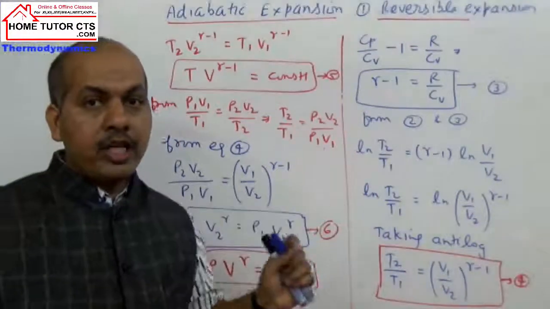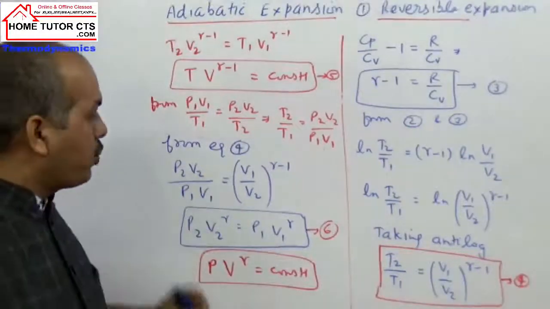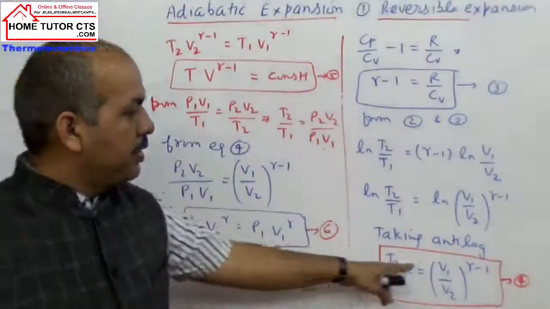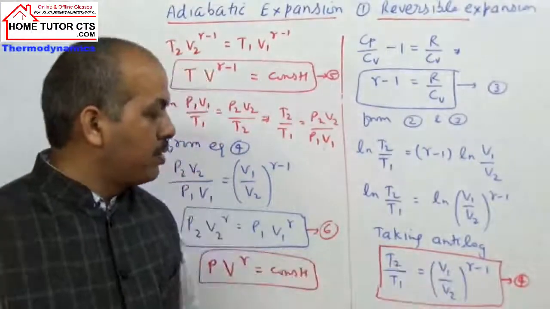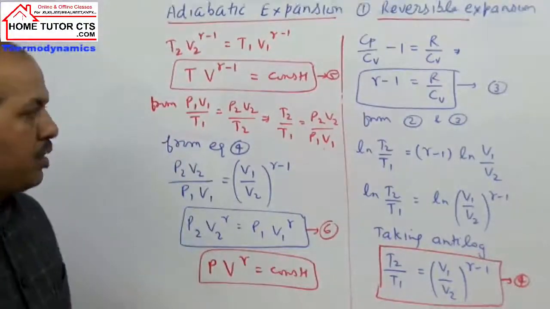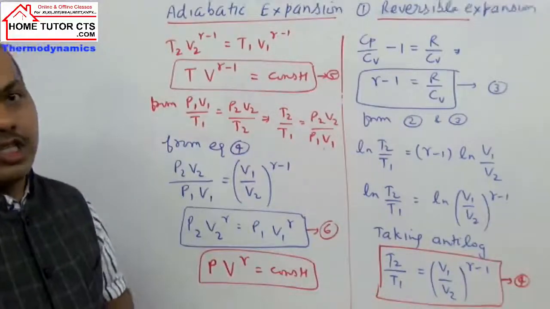Now we need one more relation, for pressure and temperature. How to get the relation of pressure and temperature? We can again use this expression and replace the term volume by P and T terms. So we can get one more relation for the pressure and temperature relationship. Let us see how.